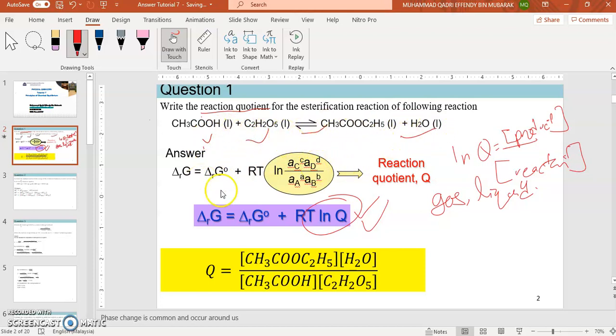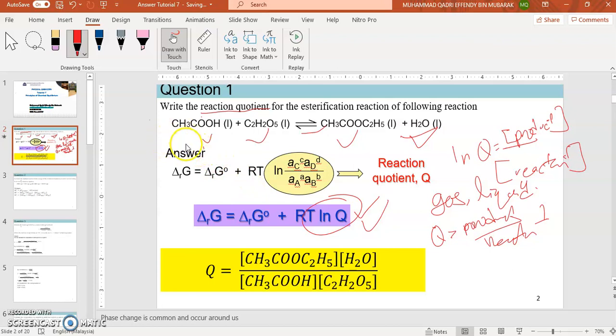So Q is product over reactant, and here we have two products, and this one is our reactant. So CH3COOC2H5 is the ester, and we put it like this, with H2O, over our reactant.